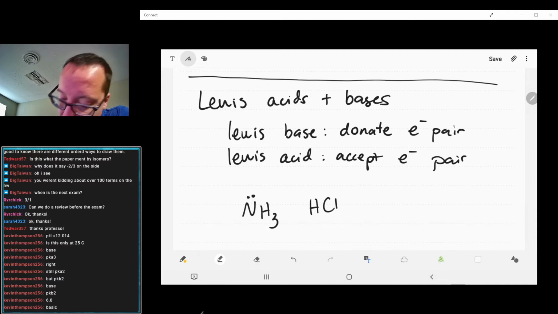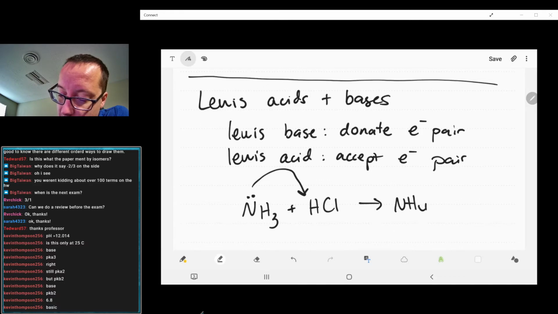And if we think about HCl, we're going to be having that ammonia donate its lone pair to make ammonium chloride. We're going to be having that ammonia give its lone pair and bond with that hydrogen.